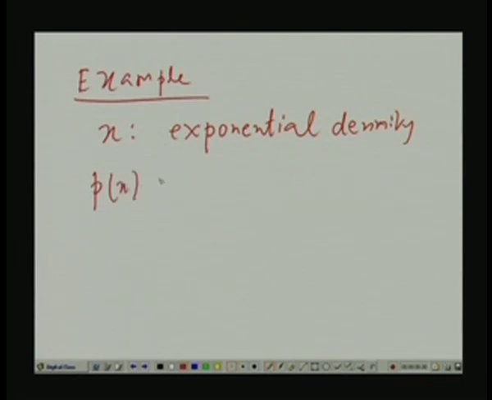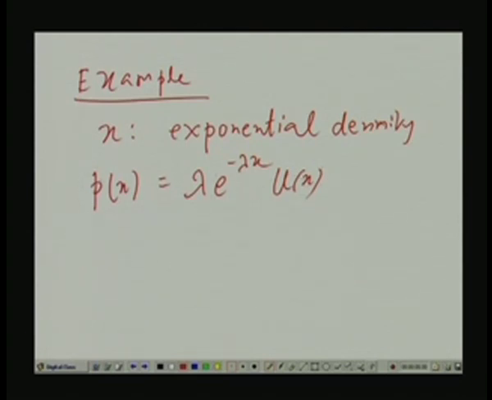P x is actually lambda e to the power minus lambda x u x, where lambda is a parameter. U x is a unit step function: for all negative x it is 0, and for all x greater than or equal to 0 it is 1.